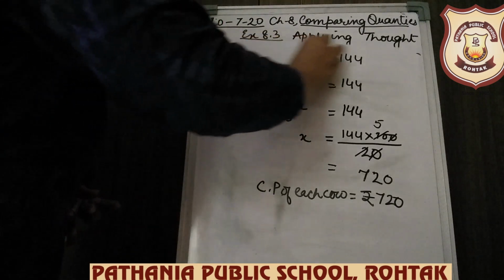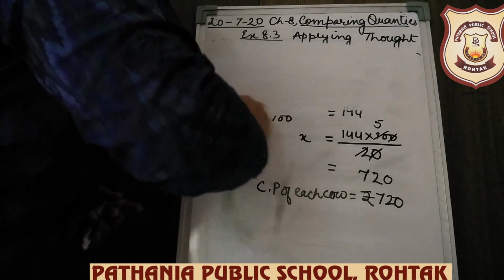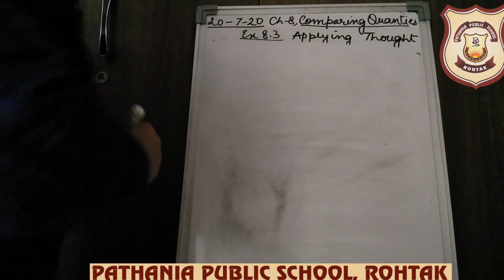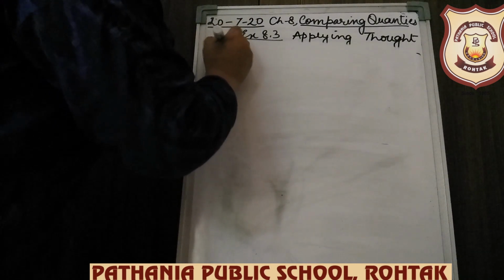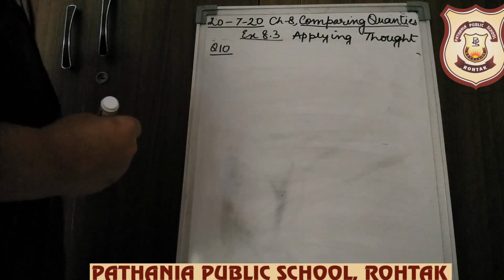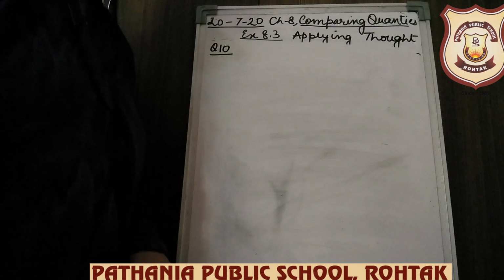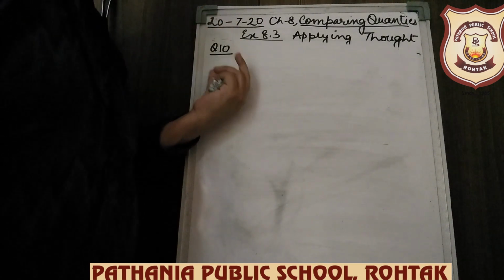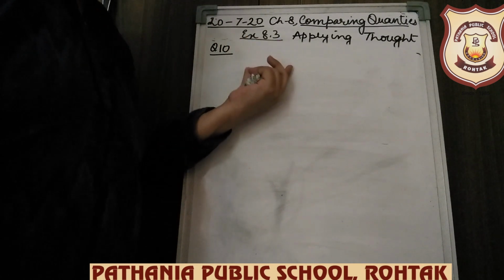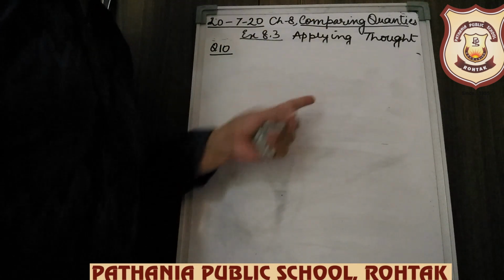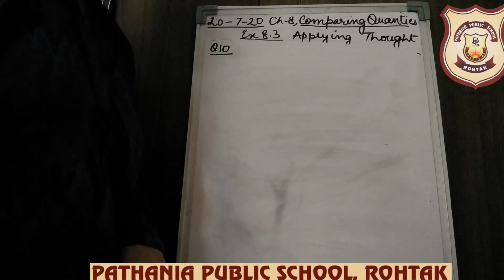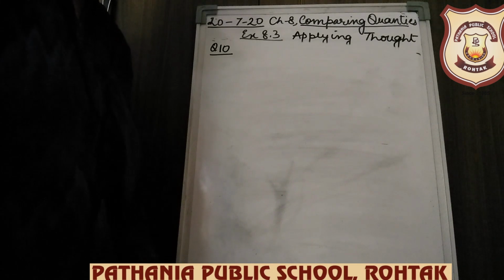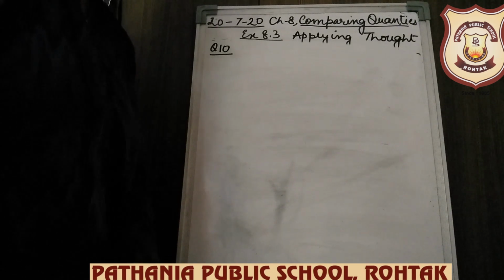Now we will do the last question, that is question number 10. The question says that a certain sum of money doubles itself. We have deposited money in the bank and it doubles, at an interest, we don't know the rate of interest, in 8 years.